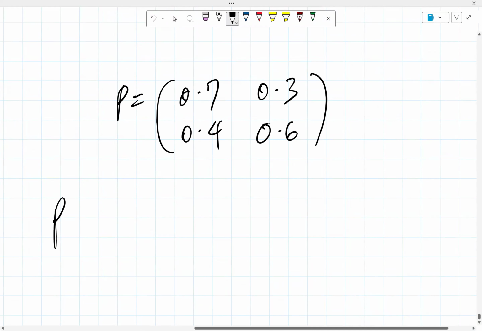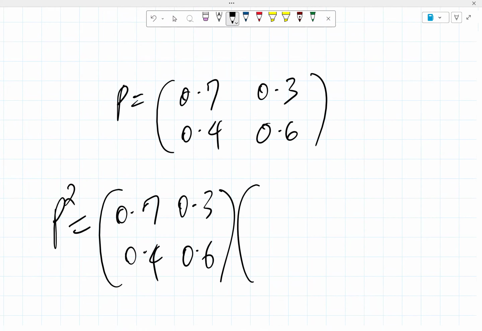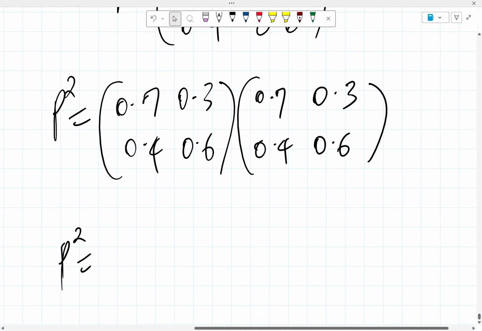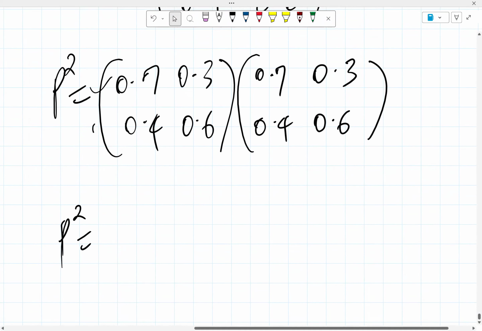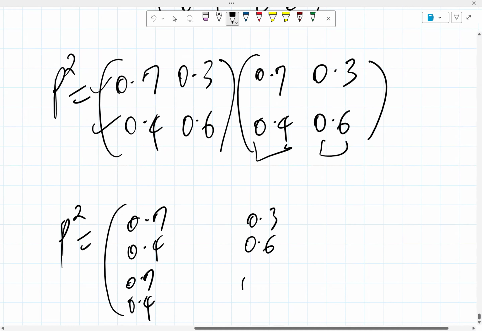So P squared is 0.7, 0.3, 0.4, 0.6 multiplied by 0.7, 0.3, 0.4, 0.6. Because we have two rows here, you write each column twice: 0.7, 0.4, 0.7, 0.4, and 0.3, 0.6, 0.3, 0.6.